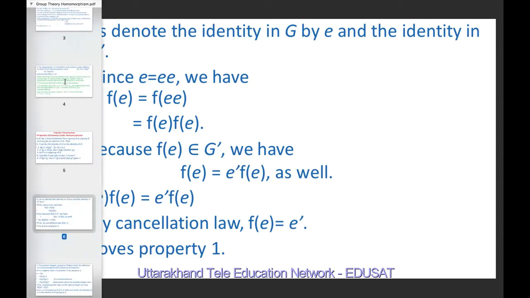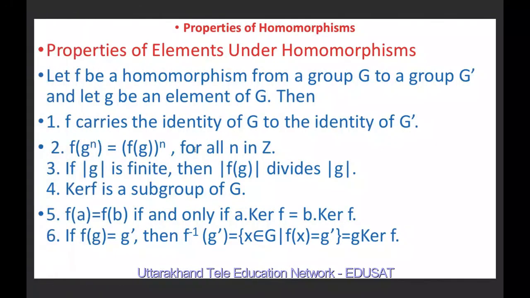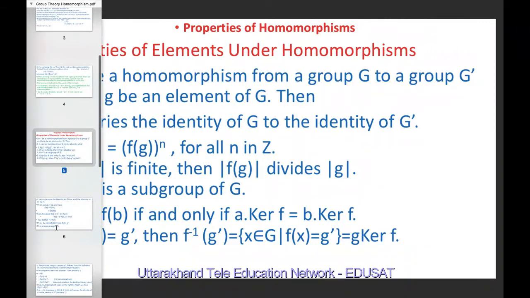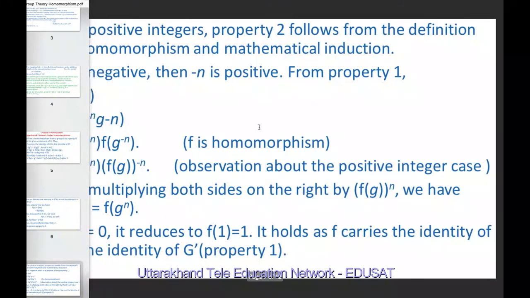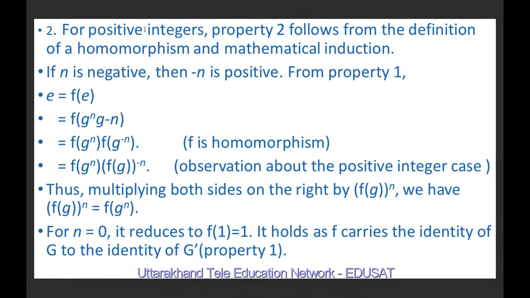Now the second property is that f of g^n is equal to f(g)^n for all n in Z. For positive integers, property 2 follows from the definition of a homomorphism and mathematical induction.